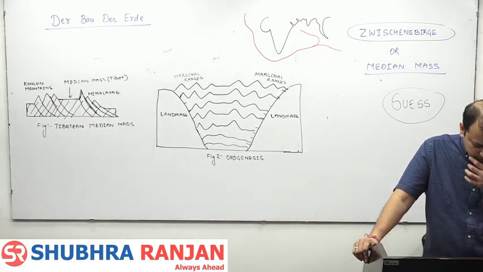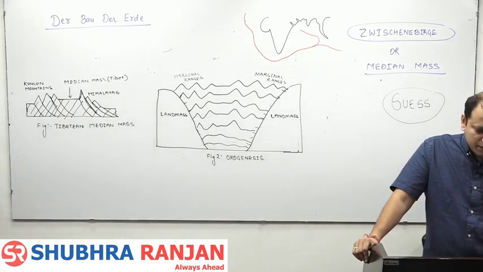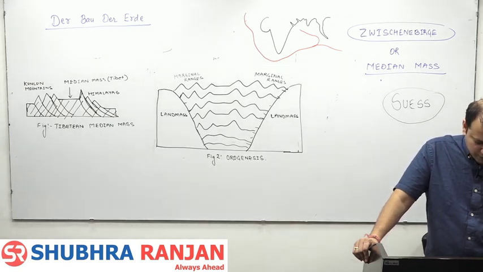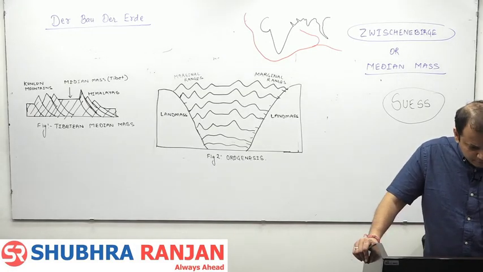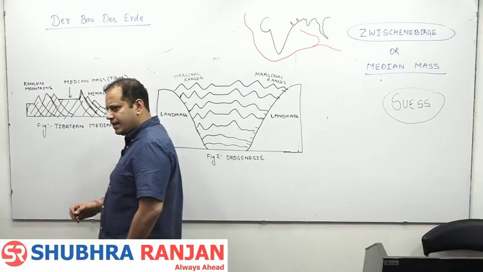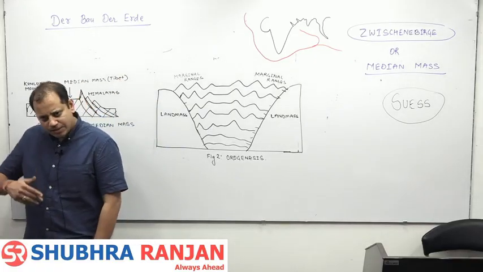Thus, Kober can be given credit for advancing the idea of geosynclines. See, plate tectonics भी कहता है it came out of the Tethys Sea, but process अलग है.